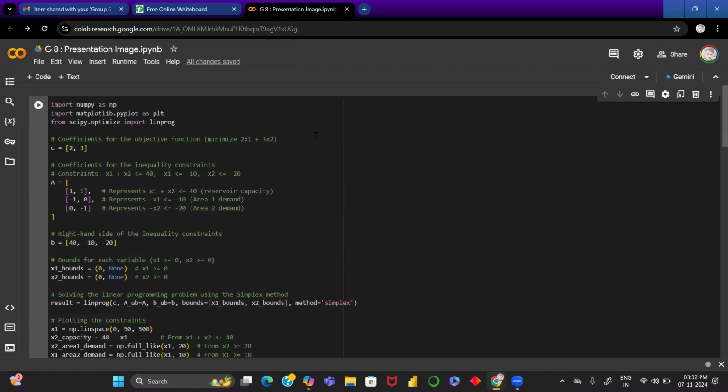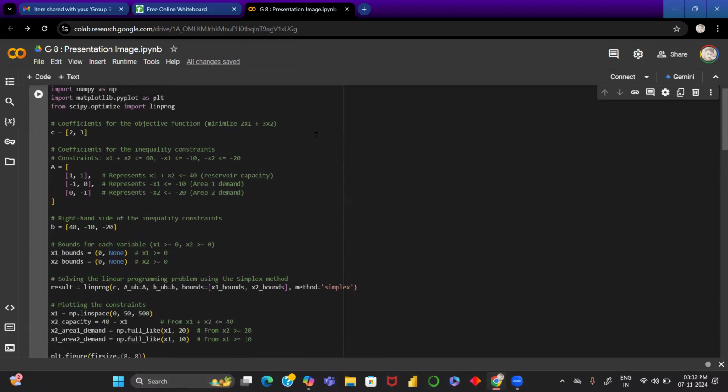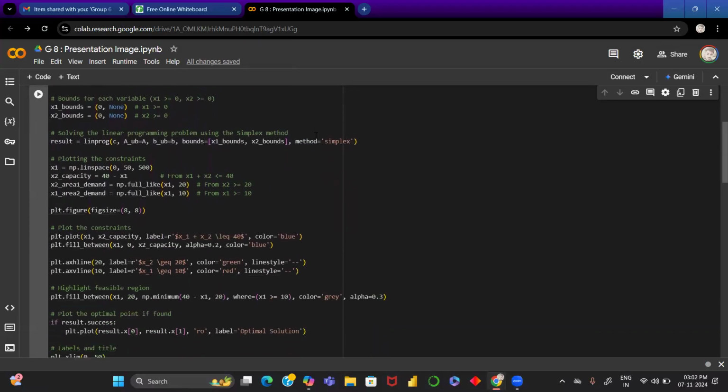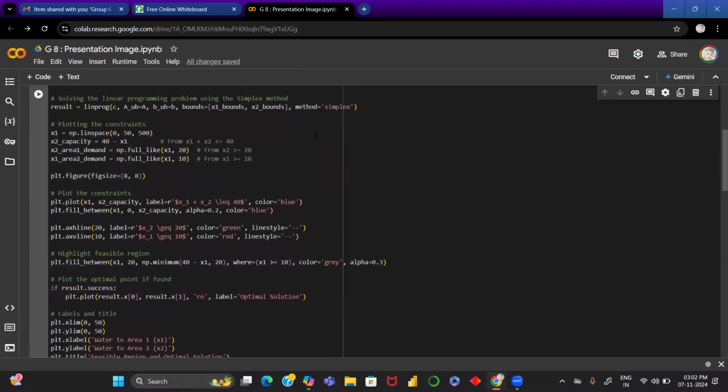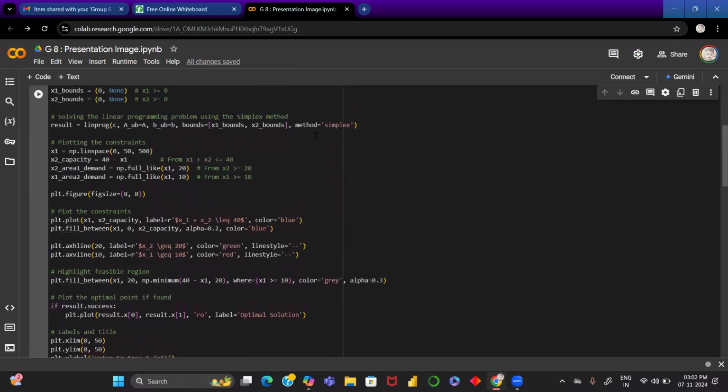It is used to solve the linear programming functions. It's an array of 500 equally spaced values.